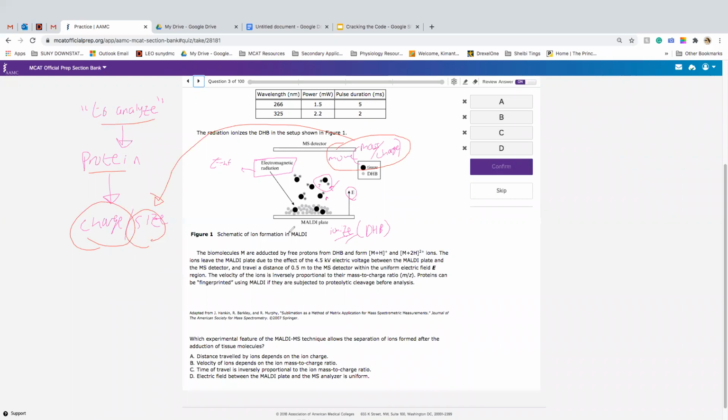They informed you by presenting an experiment that utilized electromagnetic radiation to ionize a particle, to coat a protein, to accelerate it through a charged field, in order to be able to say one protein got there faster than another because its mass and its charge were different. Because again, they ultimately were looking to analyze these factors.